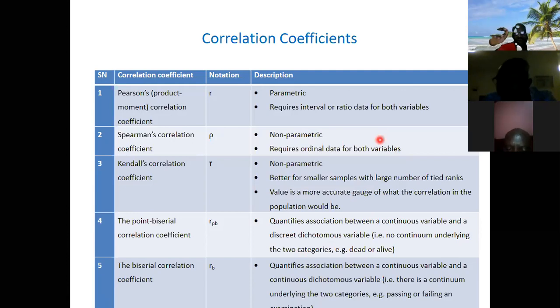But in this second one, the biserial correlation coefficient, there is a continuous variable and a continuous dichotomous variable. The meaning of continuous dichotomous variable is that there is a continuum underlying the two categories. For example, you say diabetic, non-diabetic. But the people you divide into two, diabetic and non-diabetic, what you measured before was blood sugar. Anybody that has blood sugar of 126 and above is diabetic. Anything below 126 is non-diabetic.